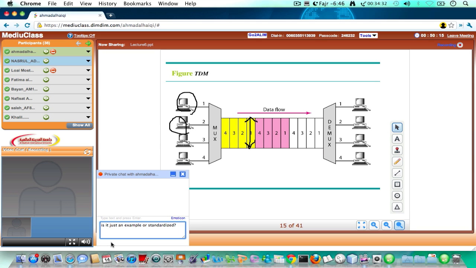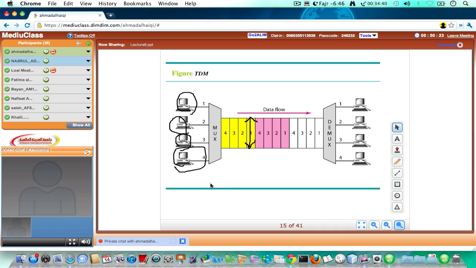So we have 4 senders here, 4 devices, computers sending 4 signals. And what we do, we take a signal from one, and this signal will use all the frequencies from the lower end up to the upper end.